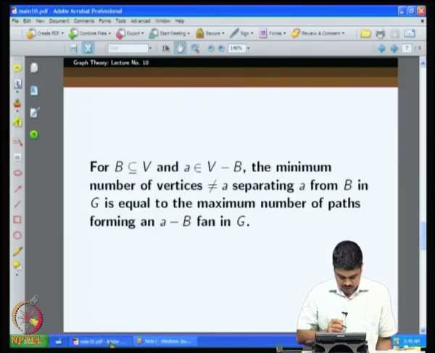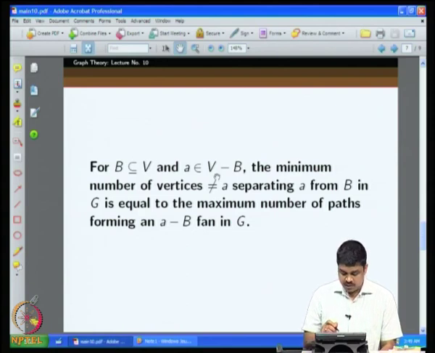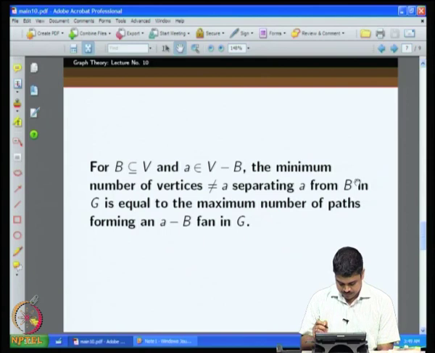So look at it once again: B subset of V and A element of V minus B. The minimum number of vertices not equal to A separating A from B in G is equal to the maximum number of paths forming an AB fan in G.